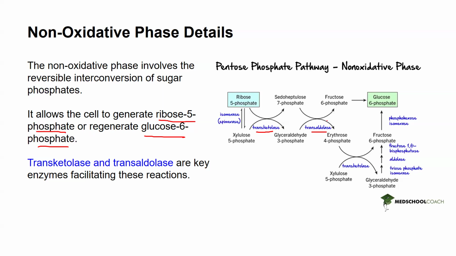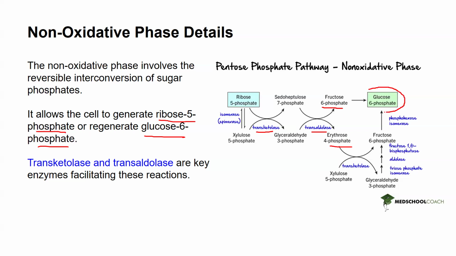sedoheptulose 7-phosphate and glyceraldehyde 3-phosphate into fructose 6-phosphate and erythrose 4-phosphate. And then, of course, this fructose 6-phosphate can be isomerized to glucose 6-phosphate, as we can see from here.